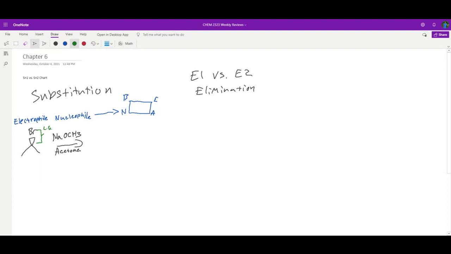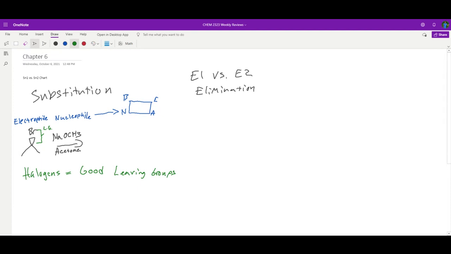In this unit, or really in orgo chem, halogens are going to be good leaving groups. So let's think about that for a second. Why are halogens a good leaving group, you might ask?